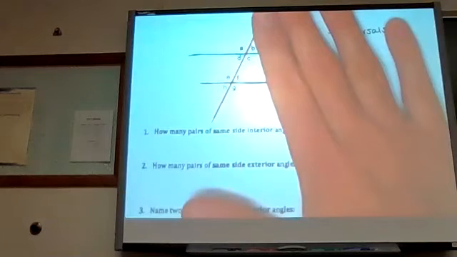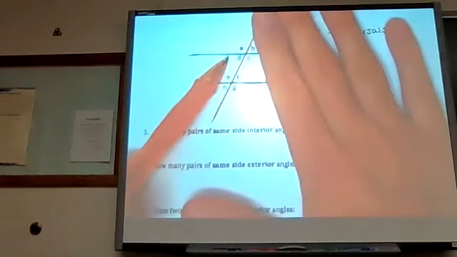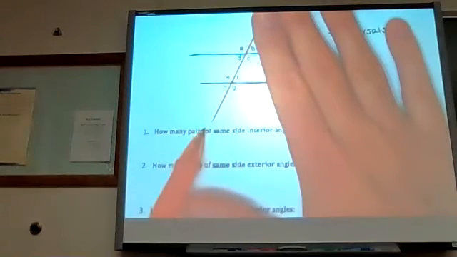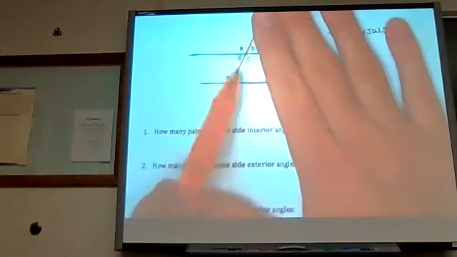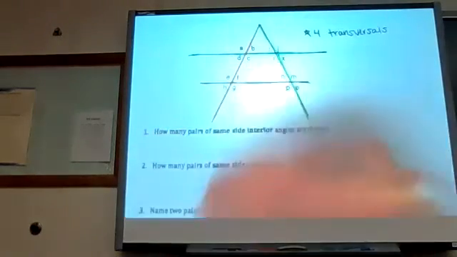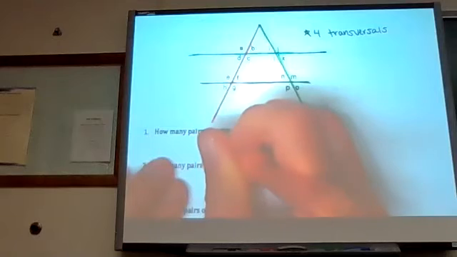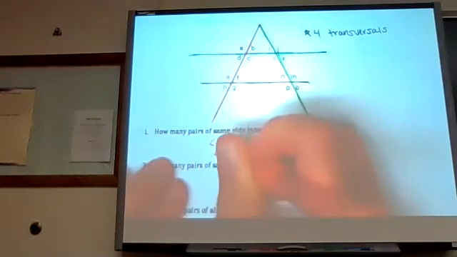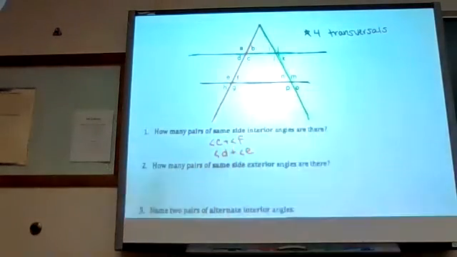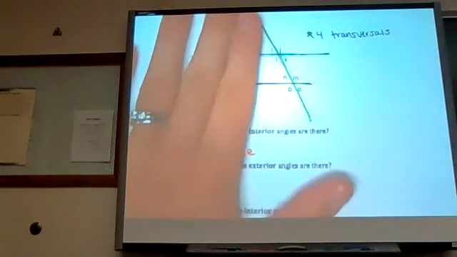And say it again? E and D, yeah. So looking at the orange, on the inside, same side, I could have C and F, or I could have D and E. So on that orange transversal, I could have angle C and angle F, or angle D and angle E.